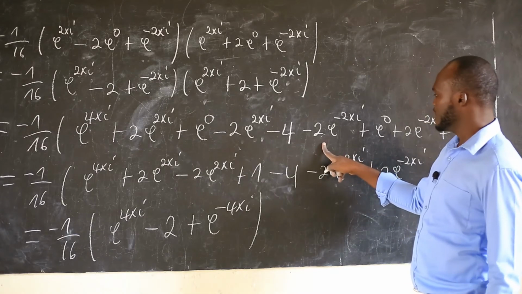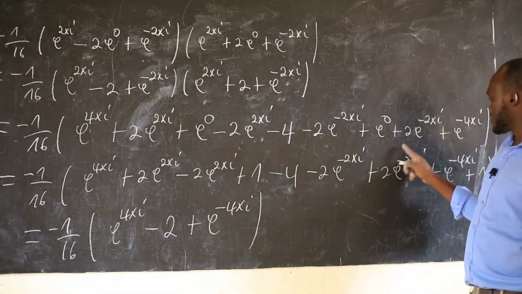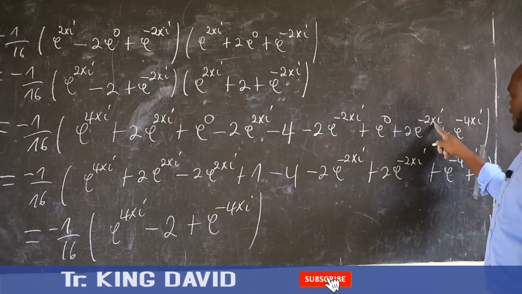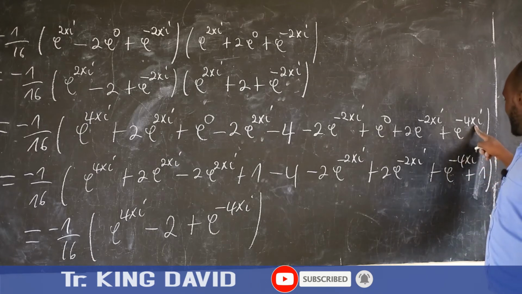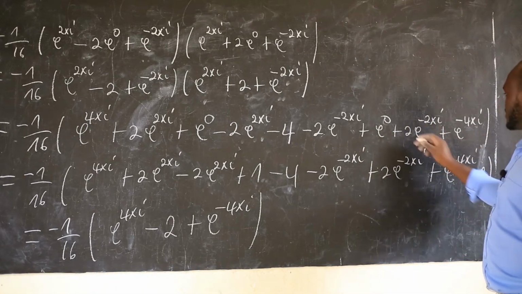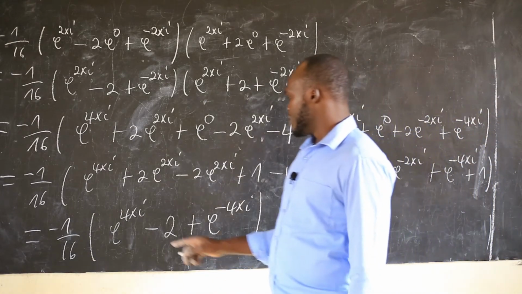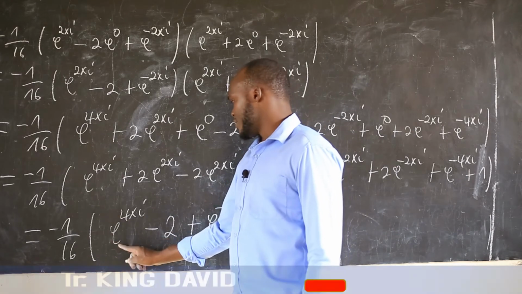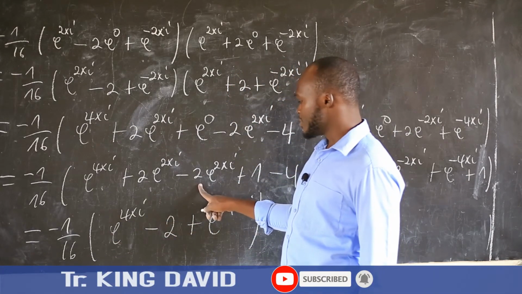We have negative 2 e power negative 2xi, which is here. We have also positive 2 e power negative 2xi, which is there. And you have e power negative 4xi, which is here. And you have e power 0, which is 1. Then, e power 4xi, it is this one. 2 e power 2xi minus 2 e power 2xi.